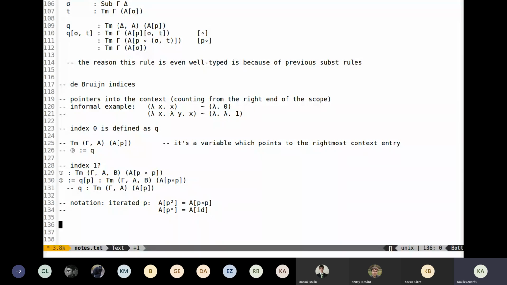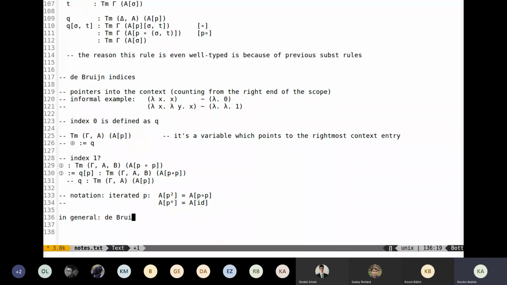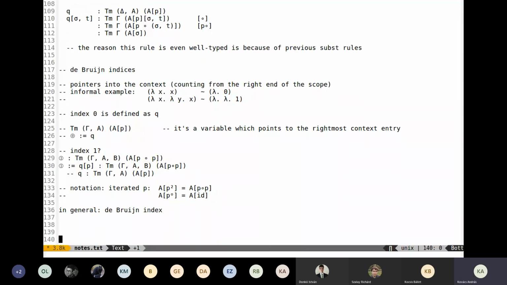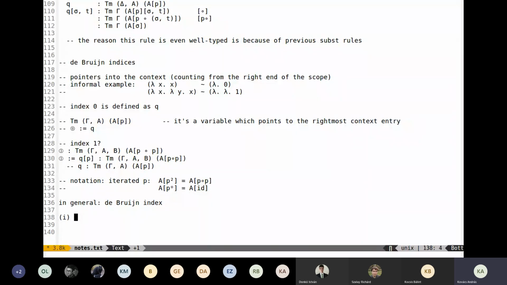Okay. So in general, what is the definition? In general, the de Bruijn index, which we can call maybe I, but now I cannot get the special font, but this is the general de Bruijn index. So the general de Bruijn index is defined to be Q substituted with P to the power of I. So why is that?